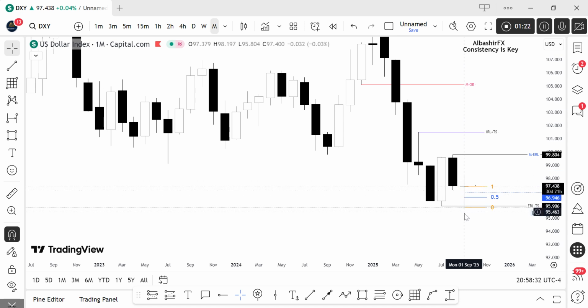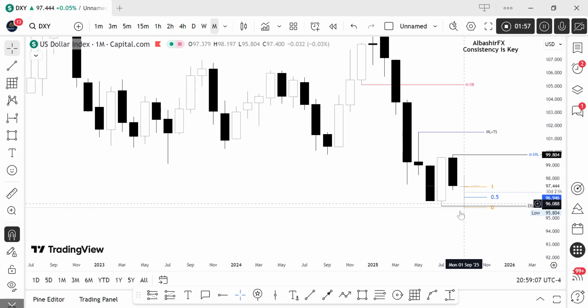We have a long wick below, and we closed indecisively without a body, but with a wick that has swept liquidity, which is the July 2025 monthly candle low. We swept it, and the market rallied lower, swept it and rejected higher.